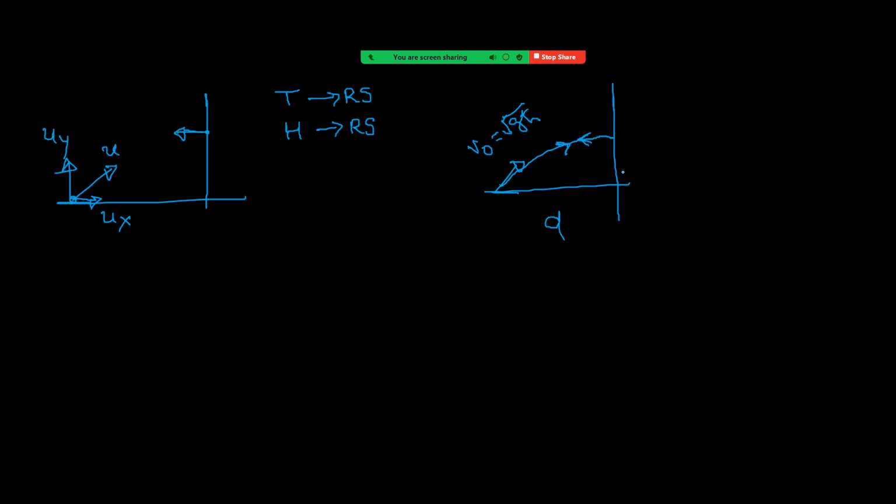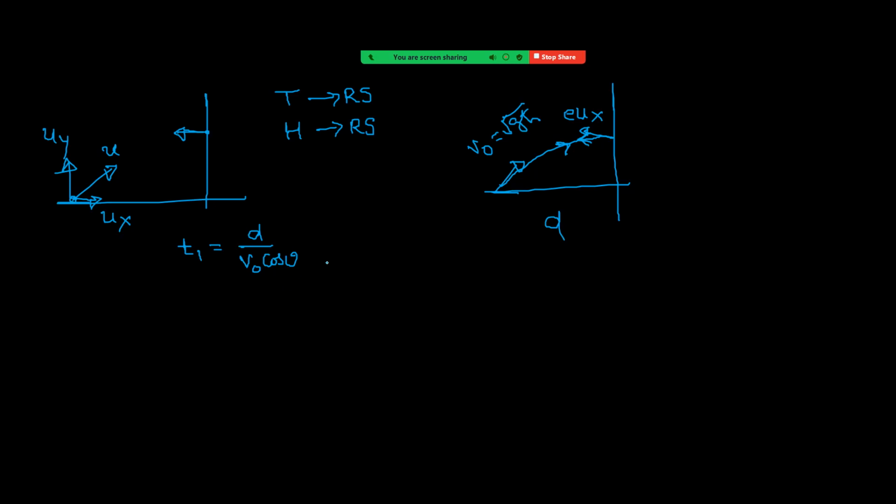To reach the wall, time taken, let us take it as t1, is equal to displacement d over velocity component v naught cos theta. Next, while coming back, vertical velocity has no change, but ux becomes e times ux because wall is the second body. So before collision velocity ux, after collision it becomes e times ux.